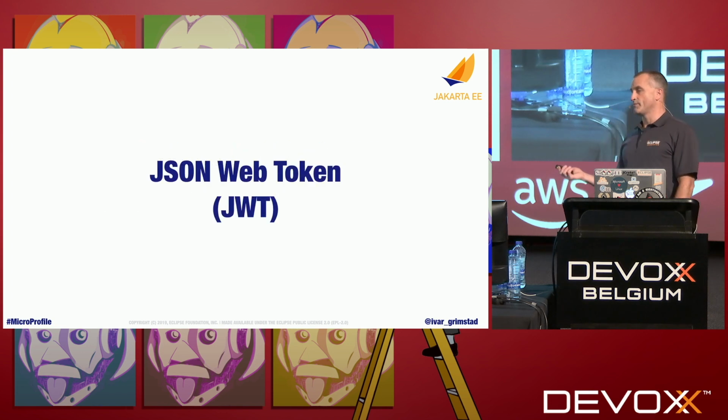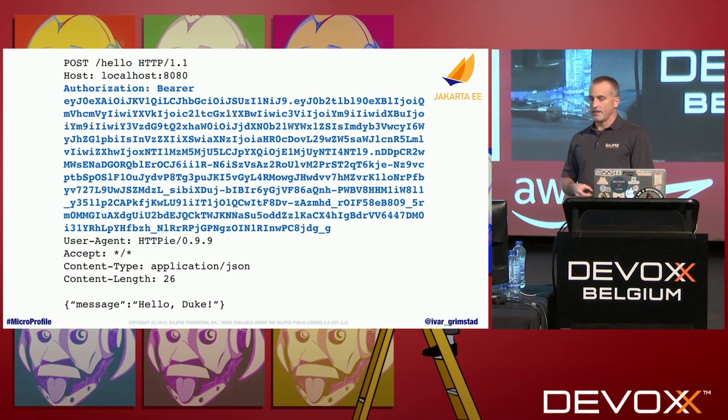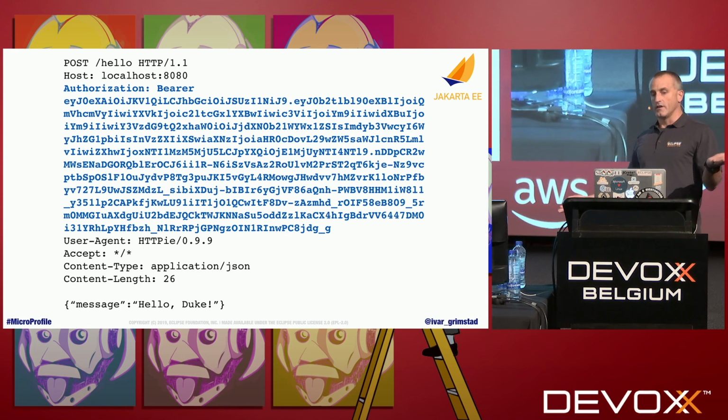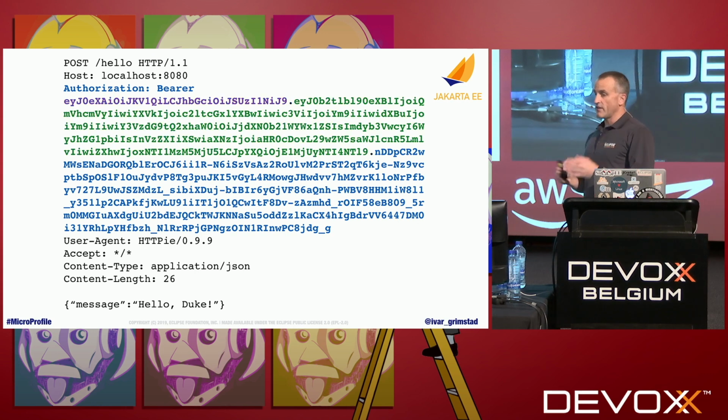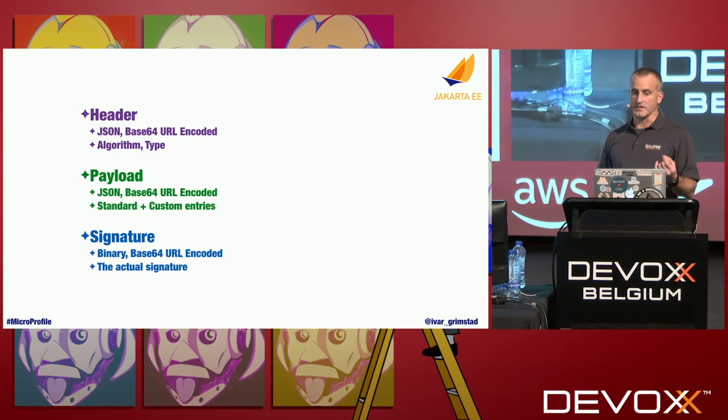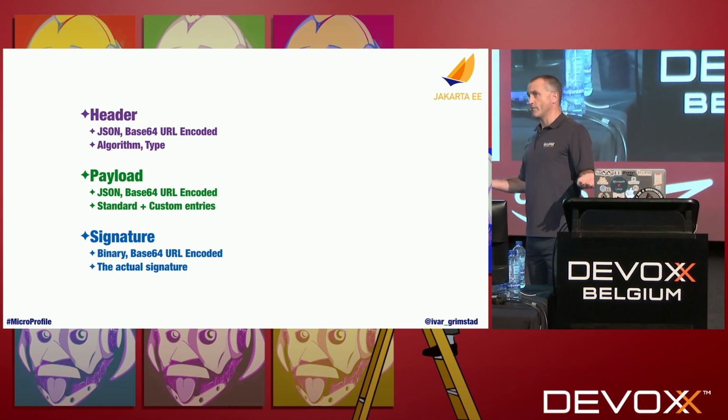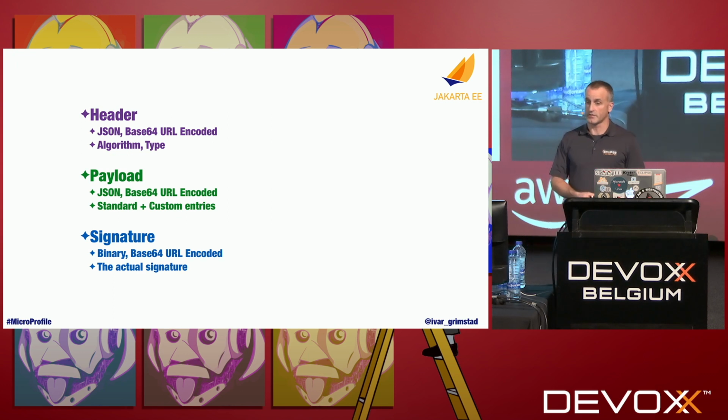So that's where JSON Web Tokens come in. And JSON Web Tokens are technically exactly the same as the basic and OAuth. It's only you have a longer authorization header, and this authorization header is split into 3, separated by dots, and you have a header, which is a JSON base64 URL encoded, which gives you meta information about the token, like algorithm and type.